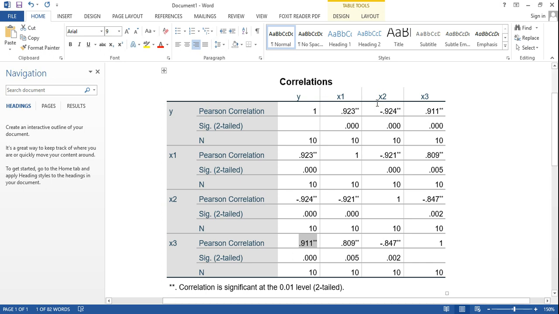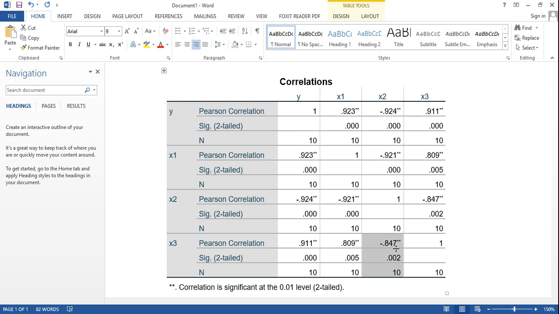Just like if we want to look at the correlation between x2 and x3, then this correlation statistics show that the Pearson correlation is -0.847, meaning that with the increase of 100 of x2, x3 will decrease by 84.7.